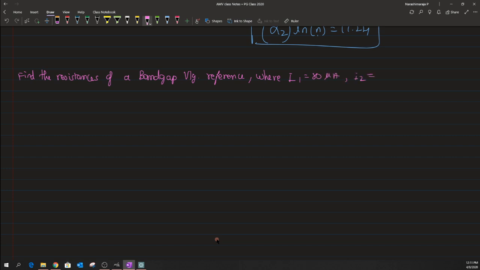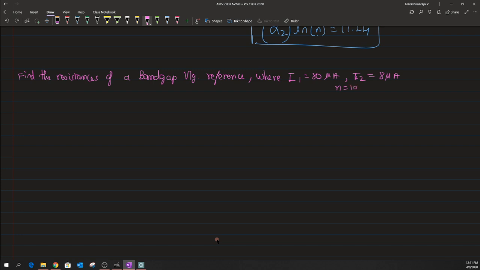So as you can note, we have a current value of IO1. In this case, I just wrote it as I1, which is equal to 80 microamperes. But the current through the second branch is 10 times smaller. So which means that we have an n factor that is equal to 10 in this case when we divide these ratios.